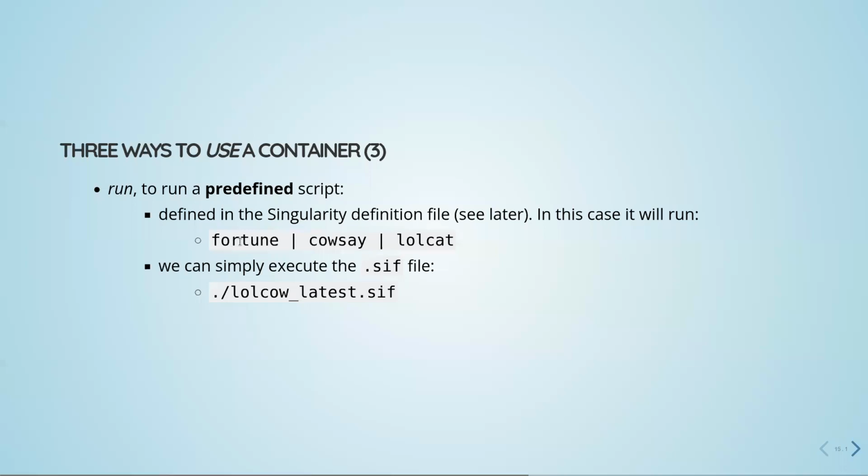It will run fortune to get a silly sentence, then cowsay to have the cow say it, and lolcat to give these colors. Okay, so it's stored somewhere in the script itself.